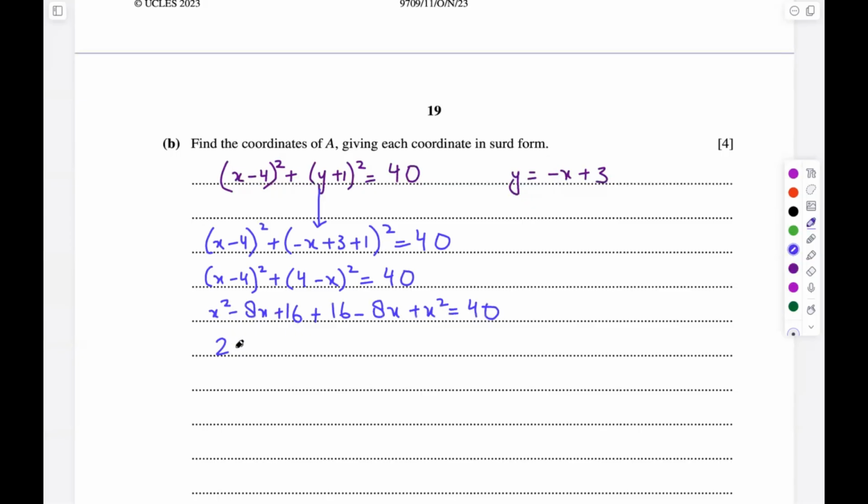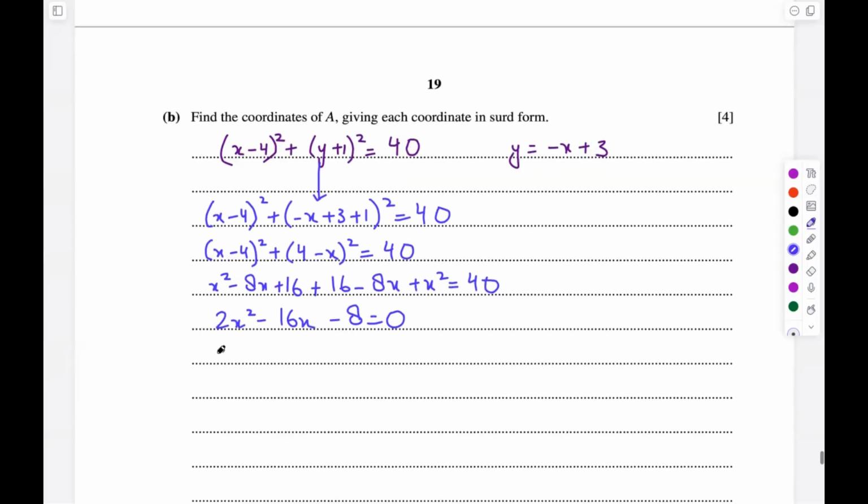Simplifying, this will become 2x squared minus 16x, and 16 plus 16 is 32, and 32 minus 40 is minus 8, so minus 8 equals 0. Simplifying this, we can write this equation as x squared minus 8x minus 4 equals 0.